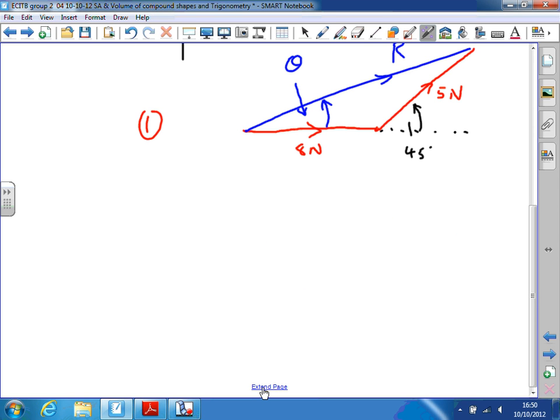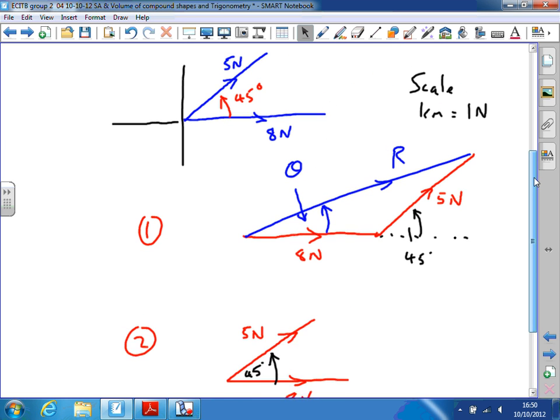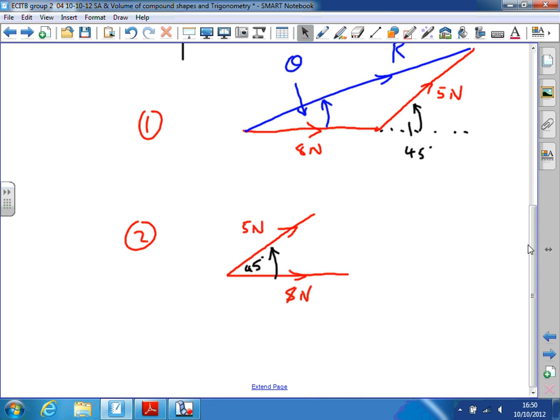A similar method, number 2, is called the parallelogram of forces. You would draw the 8 Newton force, which is this one. You draw the 5 Newton force, which is this one, at an angle of 45 degrees. So in other words, you draw it as we drew it up here at the start. But then we construct a parallelogram.